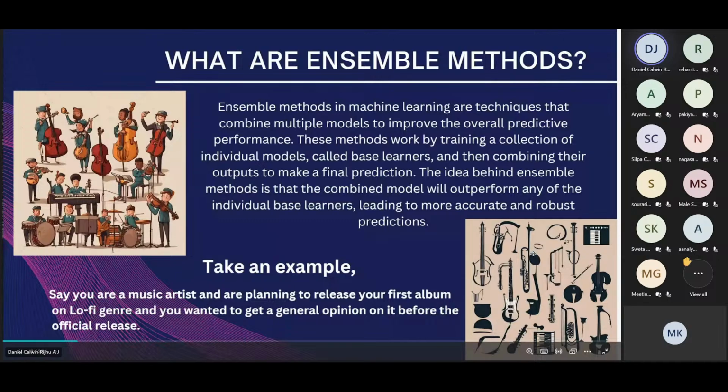The next reason is that ensemble methods are robust to noise. I hope you guys know what noise is by now. Noise is basically just the random fluctuations in the data. Let me explain it with an example. Let's say our ensemble method consists of some 100 individual models. Among these 100 models, let's say three of them are affected by noise.